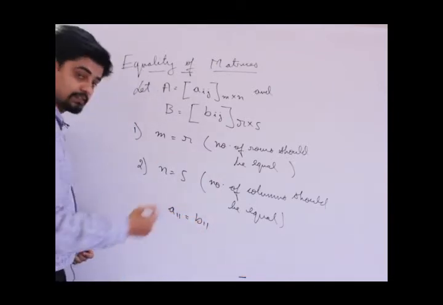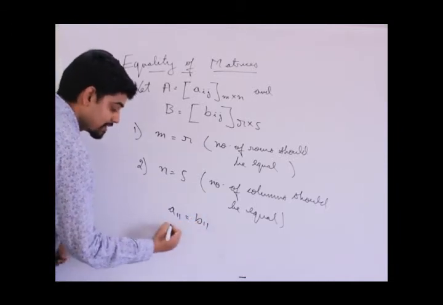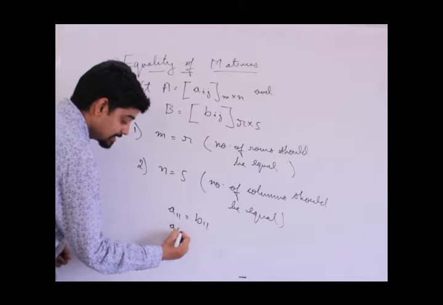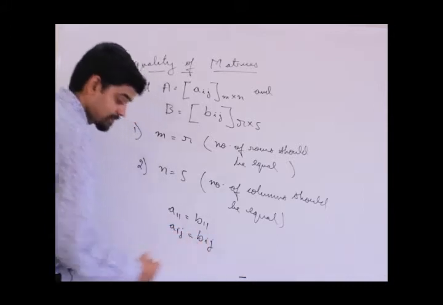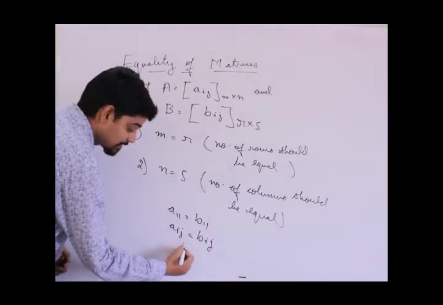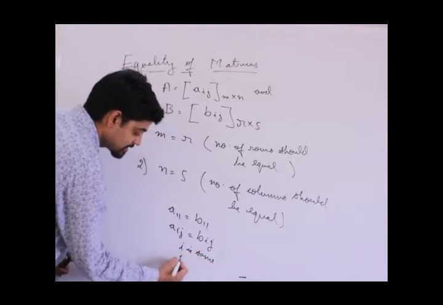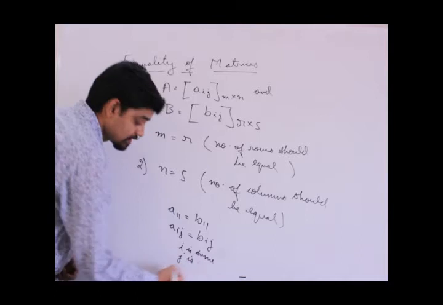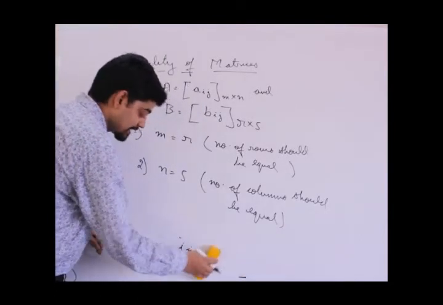That means Aij will be equal to Bij for every value where I is the same and J is also the same.